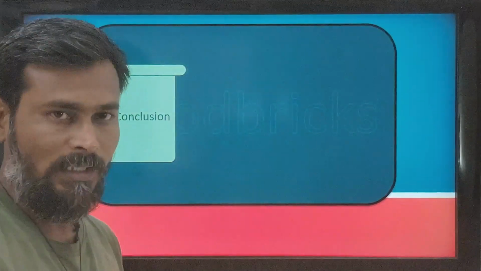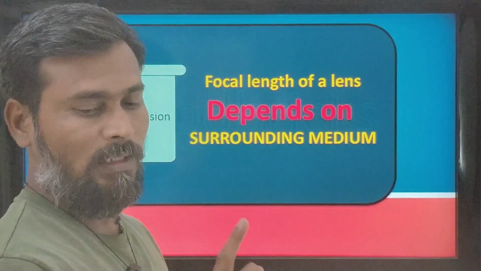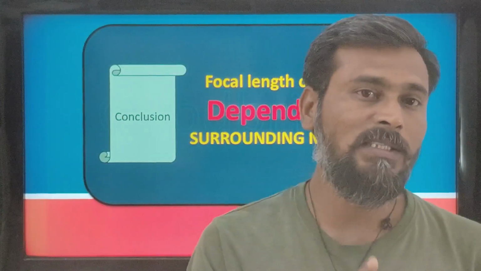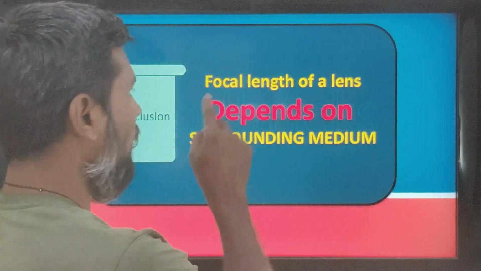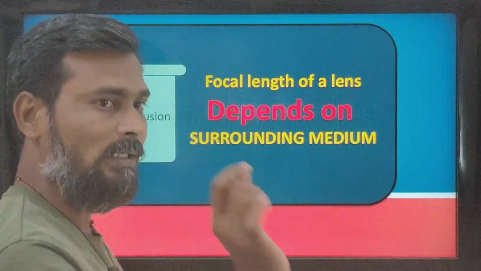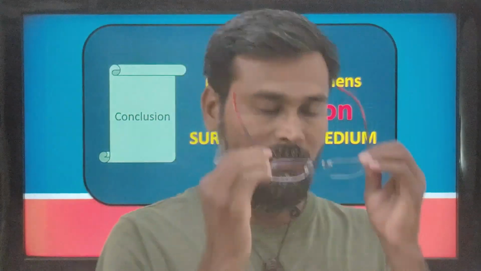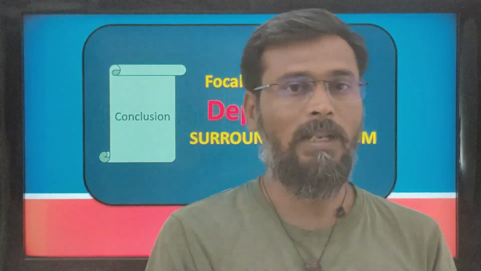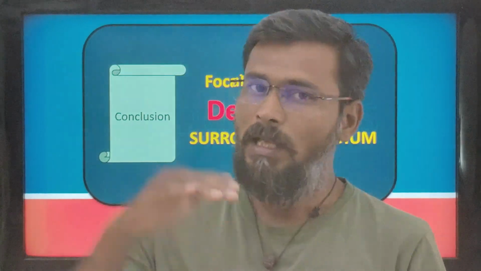So the conclusion is focal length of a lens depends on the surrounding medium. If the surrounding medium is air, it will have some focal length. If the surrounding medium is water, it will have some other focal length. The lens is the same, but the focal length is not remaining the same.